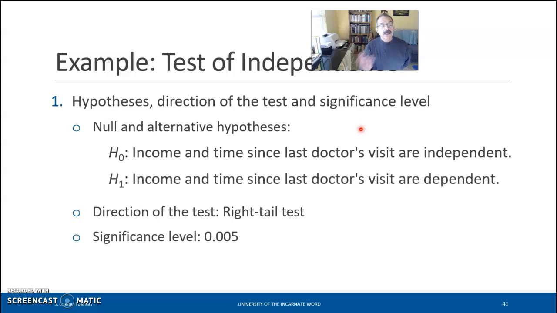So in this case, under the null hypothesis, income and time since last doctor's visit are independent, and under the alternative hypothesis, income and time since the last doctor's visit are dependent. This is a right-tailed test. It's the only direction that we have in this case, and the significance level is 0.05.